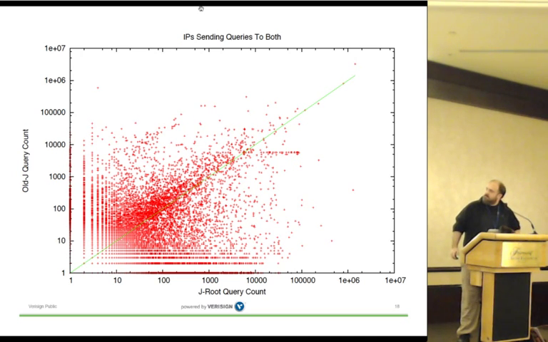And it's pretty symmetrical in terms of how they query. Slight preference, if you're querying both, for preferring old J. You can see the higher cluster of dots. And we have a small little artifact for some internal monitoring.